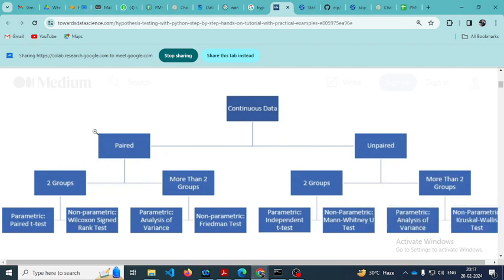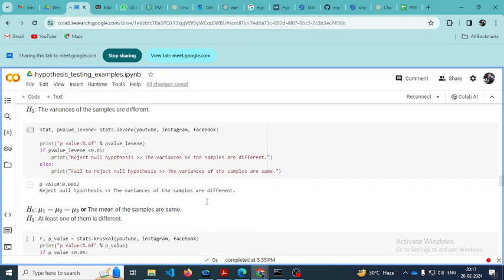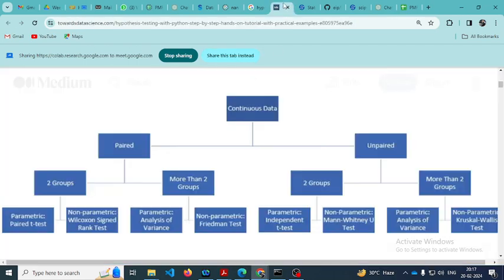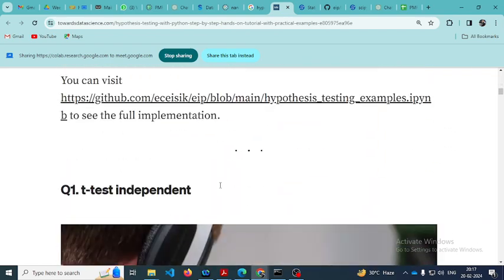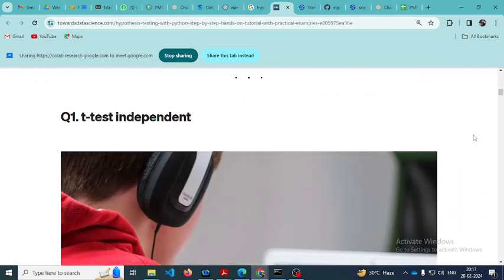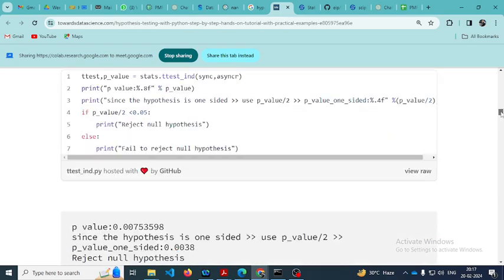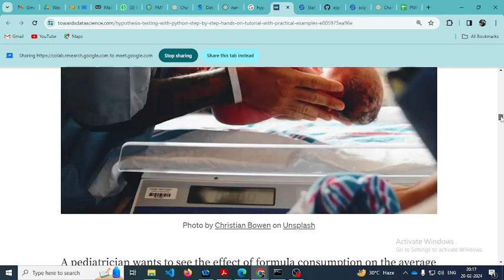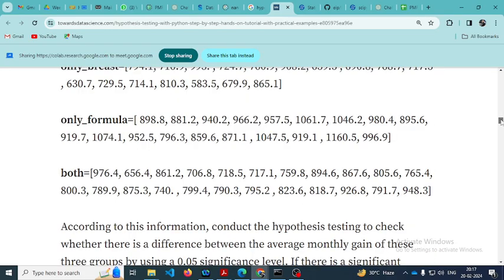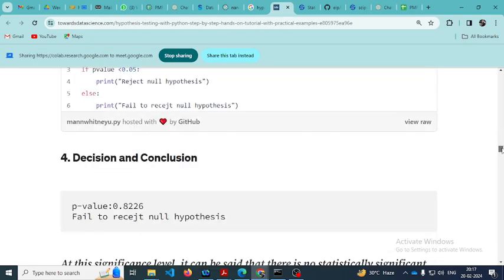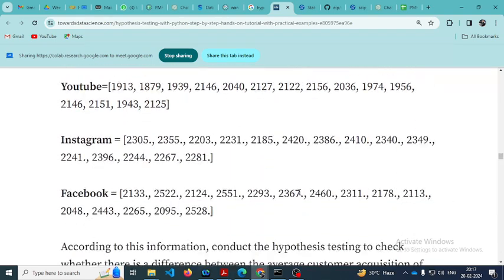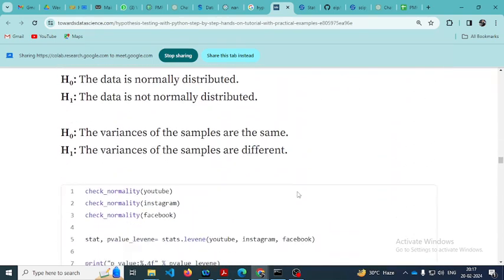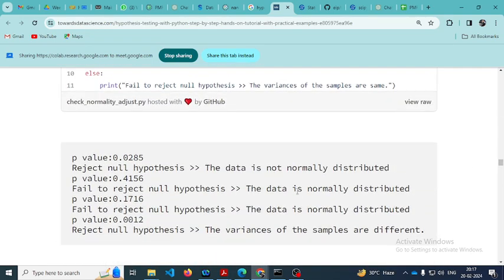Okay, so in this example, the hypothesis test we have selected is, for this example, the variation in the ANOVA model, that is Kruskal-Wallis. Kruskal-Wallis is the particular test we have selected.